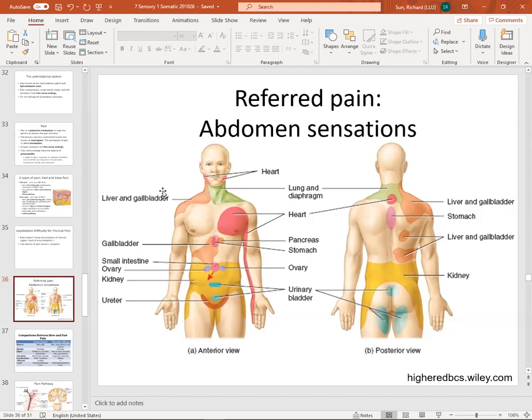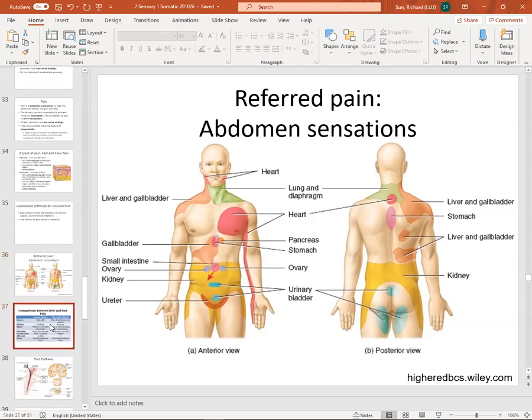Do you need to memorize all this? No, you don't need to. You just need to know that referred pain refers to internal organ damage, and the pain is felt as if it is in the skin, right?